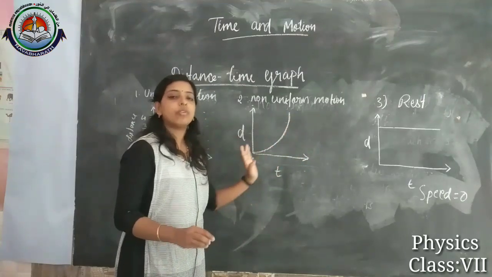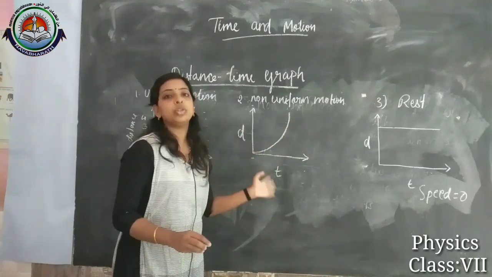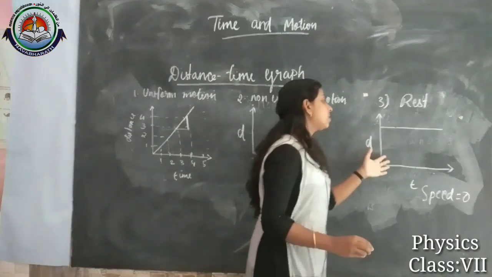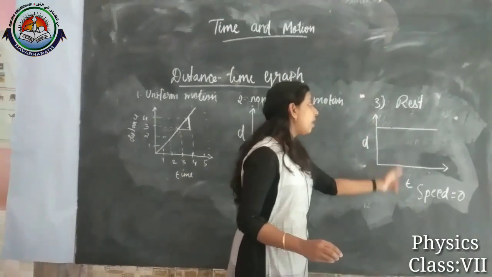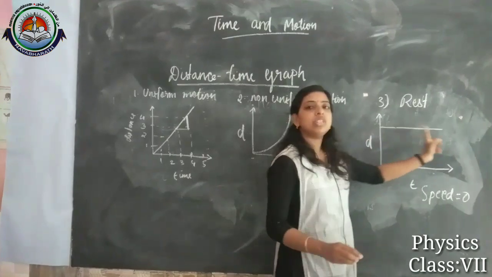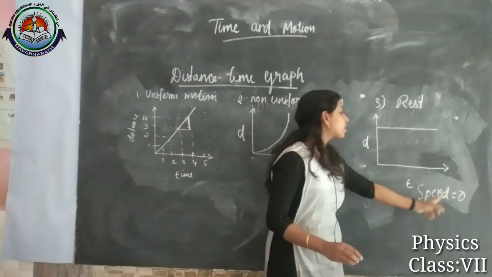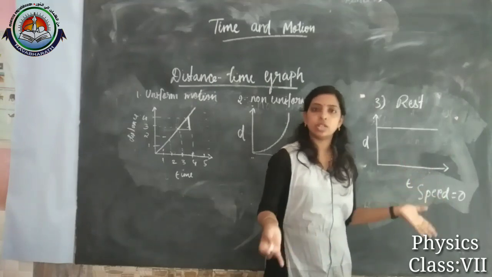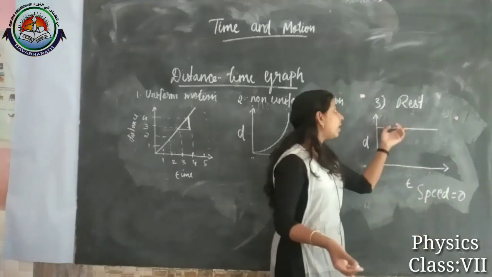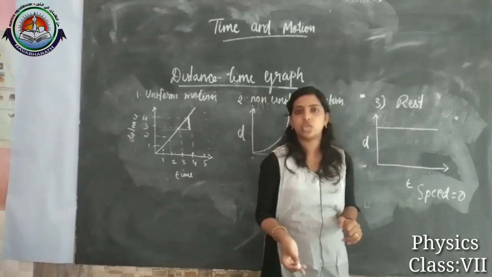Here the speed of an object is non-uniform. In the last case, the line is parallel to the x-axis. Then the speed of that object will be 0. Why? Because that object is in a state of rest.